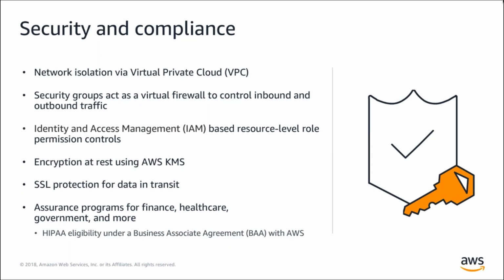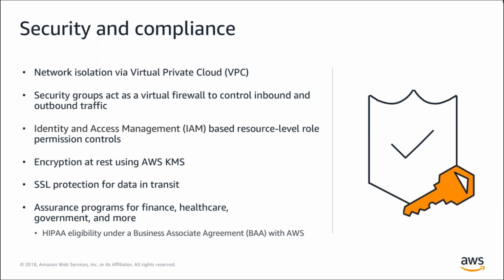Now let's talk about security on RDS. RDS follows the AWS philosophy of deploying everything with security in mind. When we deploy Amazon RDS database instances, they are deployed in a VPC. All VPCs are network isolated.